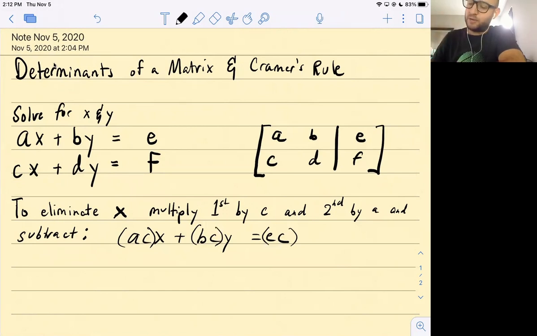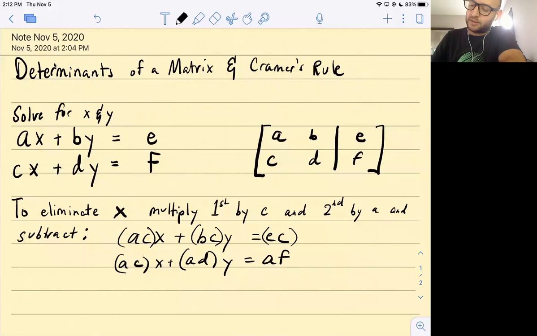Then if I multiply the second one by A, I get CAX plus DAY equals FA. In fact, I'm going to always write it in alphabetical order, so ACX plus ADY equals AF. That's just multiplying everything by A.